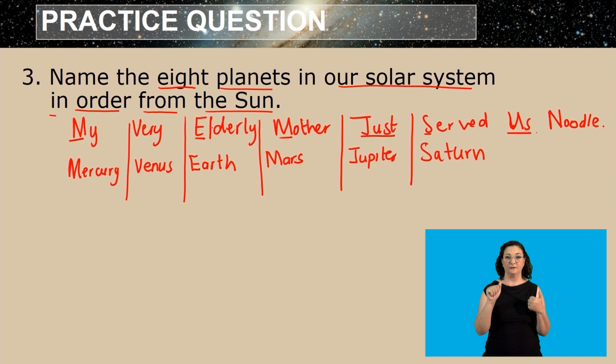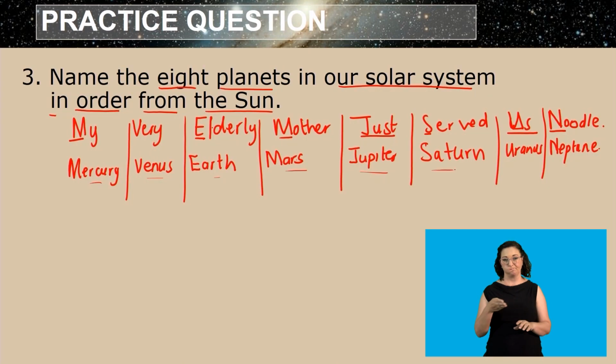Then U for Us would be for Uranus, and lastly that N will be for Neptune. I hope you can see how the sentence can help us remember the order of our planets. Now we have answered the question. The 8 planets are Mercury, Venus, Earth, Mars, Jupiter, Saturn, Uranus, as well as Neptune.